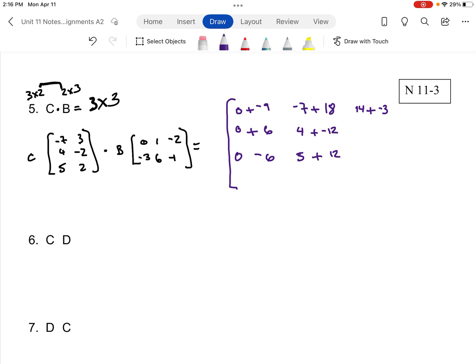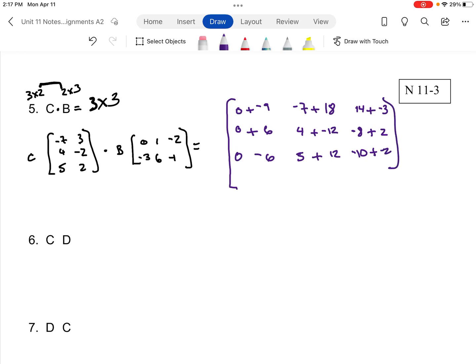So 4 times negative 2 is negative 8. Negative 2 times negative 1 is a positive 2. And then finally, third row, third column, 5 times negative 2 is a negative 10. And then 2 times negative 1 is negative 2.